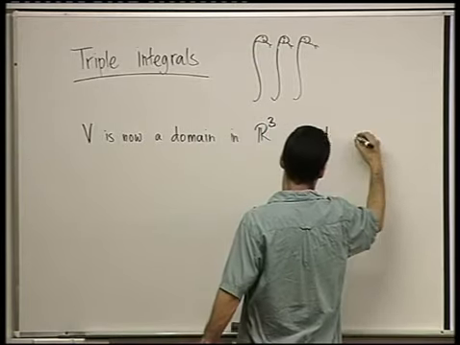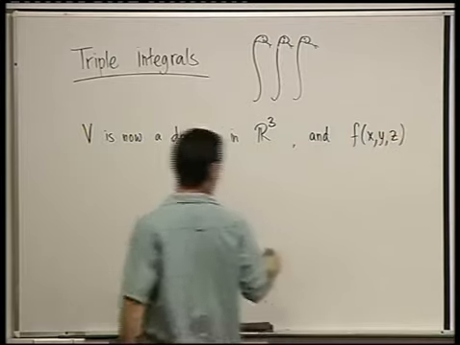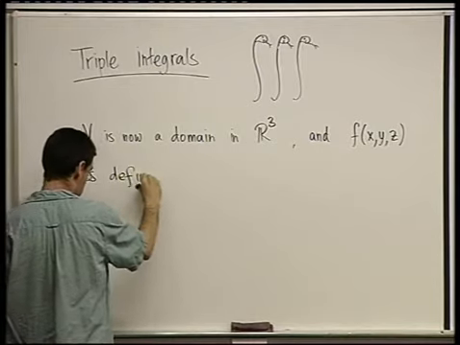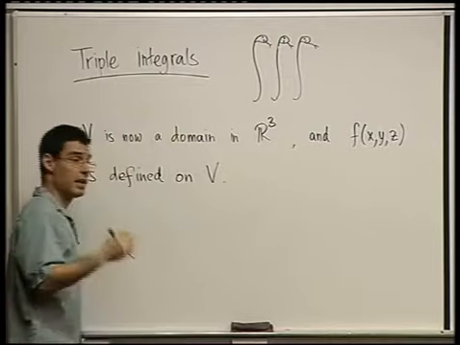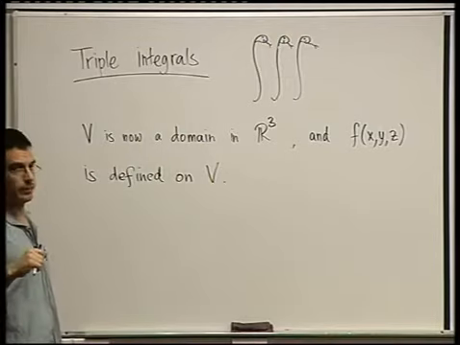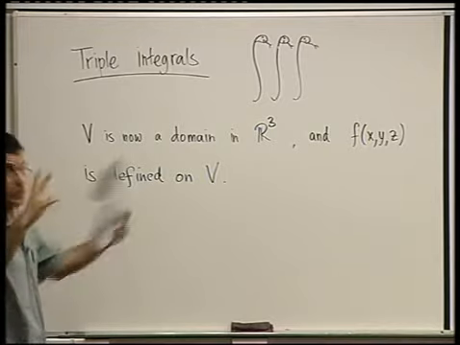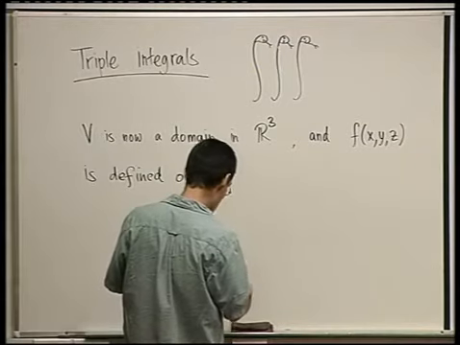And f of x, y, z, a 3-variable function, is defined on V. I'm calling it V rather than D to indicate its volumishness. Voluminous-ish, I don't know. To indicate that it's 3-dimensional. Okay? So this is V and f is defined on it.